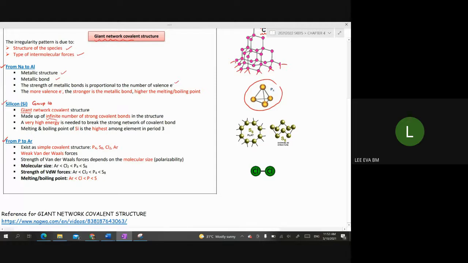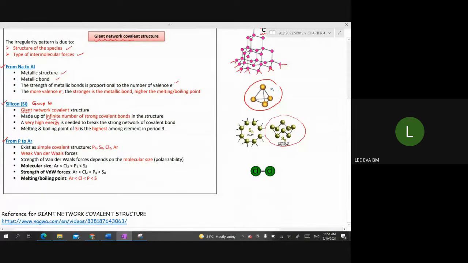For sulfur S8, you can see the structure is drawn like this. This is what we refer to as a simple covalent structure. That means 8 atoms link together inside sulfur, then the structure stops, and another 8 link together to form another S8. Unlike silicon, which forms a tetrahedral structure and continues until it is big enough, sulfur, phosphorus and chlorine stop where they are: S8, P4, Cl2.